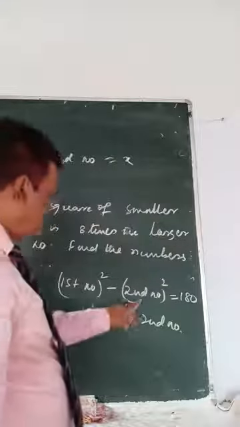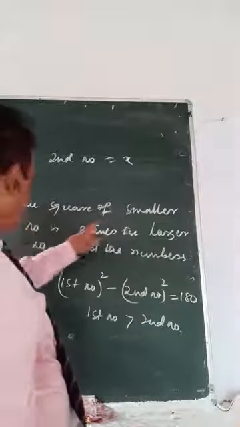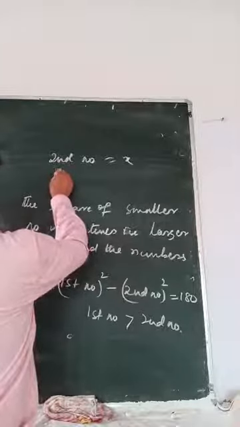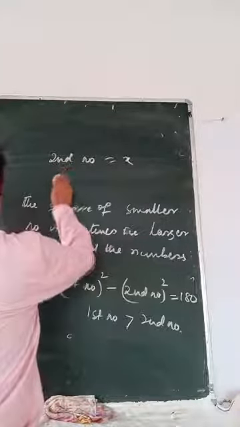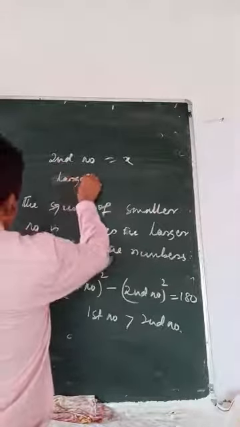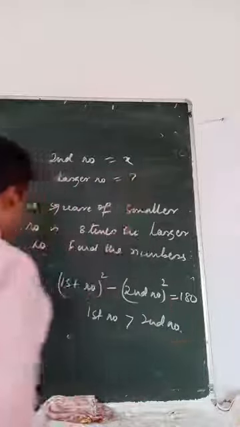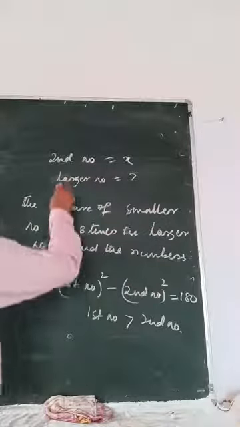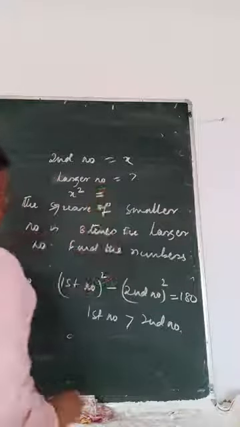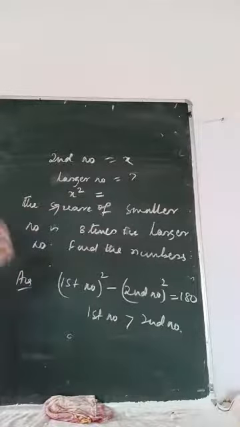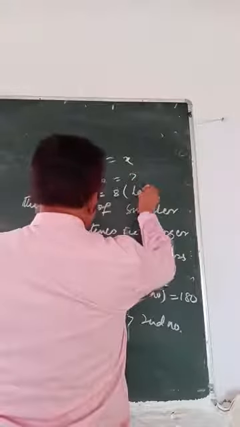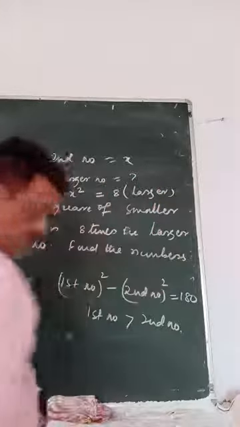Now, the square of the smaller number is 8 times the larger number. So the larger number is how much? The square of the smaller number, x square, is 8 times the larger number. Let me check the question again.